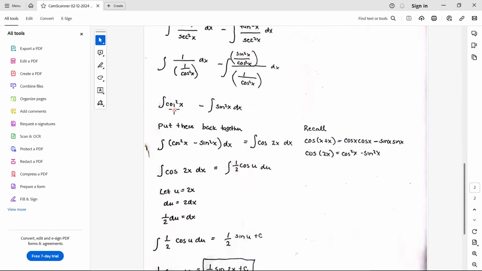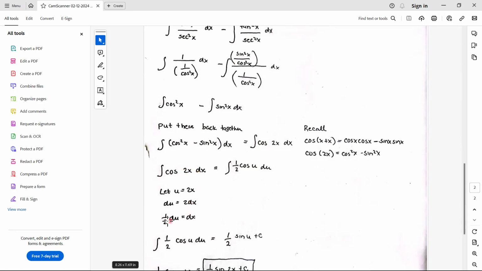What I did was because I had cosine squared minus sine squared, I put this back together, and I recognized that this integrand together is a different identity. It's cosine 2x. And so my integral became very elementary after that, because I can make u the argument of the trig function.